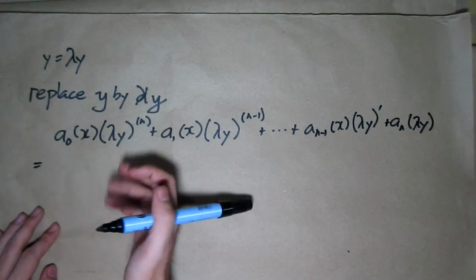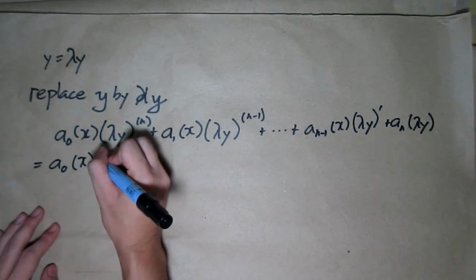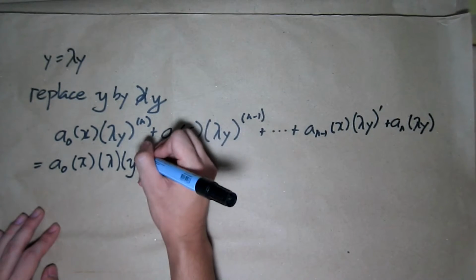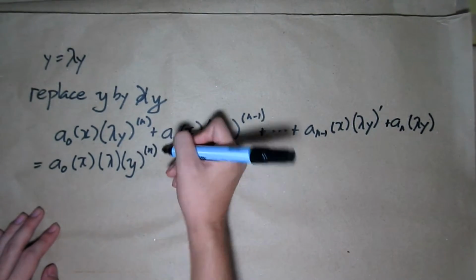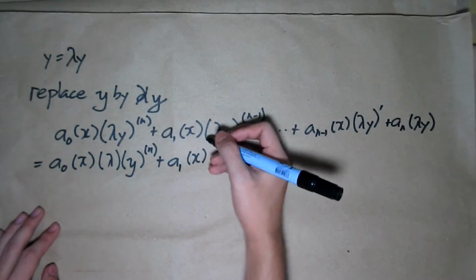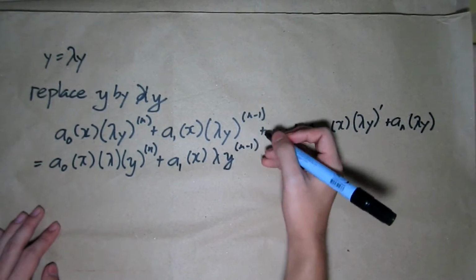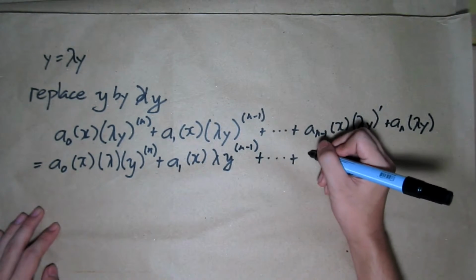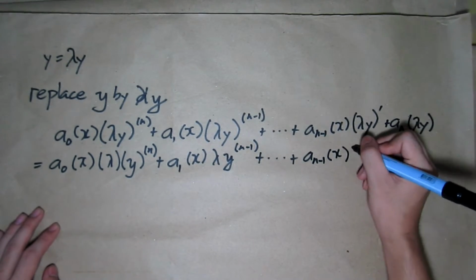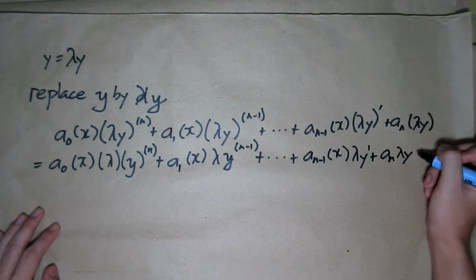Then this is equal to a sub 0 of x, lambda y to the n, a sub 1 of x, lambda y to the n minus 1, plus, plus a sub n minus 1 of x, lambda y prime, plus a sub n of lambda y.